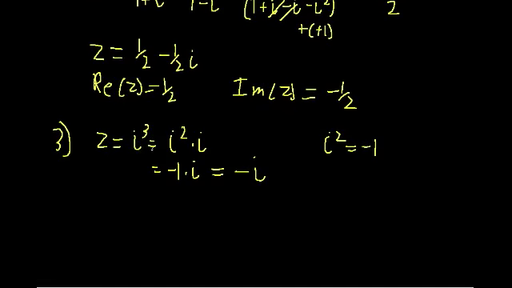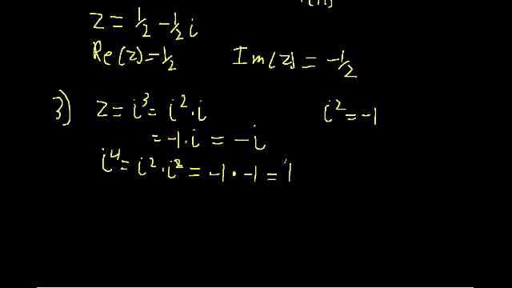Let's see what happens if we look at i to the fourth. That's just i squared times i squared, which is just negative 1 times negative 1, which is just equal to 1. And we can even do i to the fifth. That's just i squared times i squared times i, which is negative 1 times negative 1 times i, which is just equal to i. So an interesting pattern emerges when you look at i to different powers.